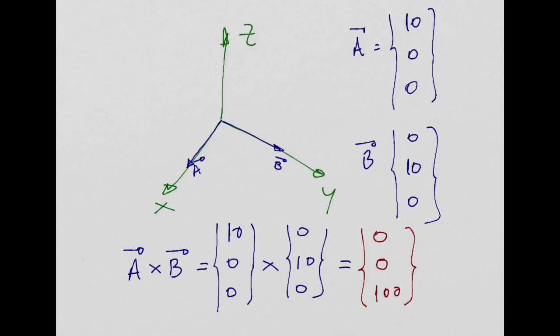And this in fact is a vector along this z direction, vector C, for example, and the norm of C is 100. The norm or intensity of this vector is 100 and it is aligned with the z direction, right?